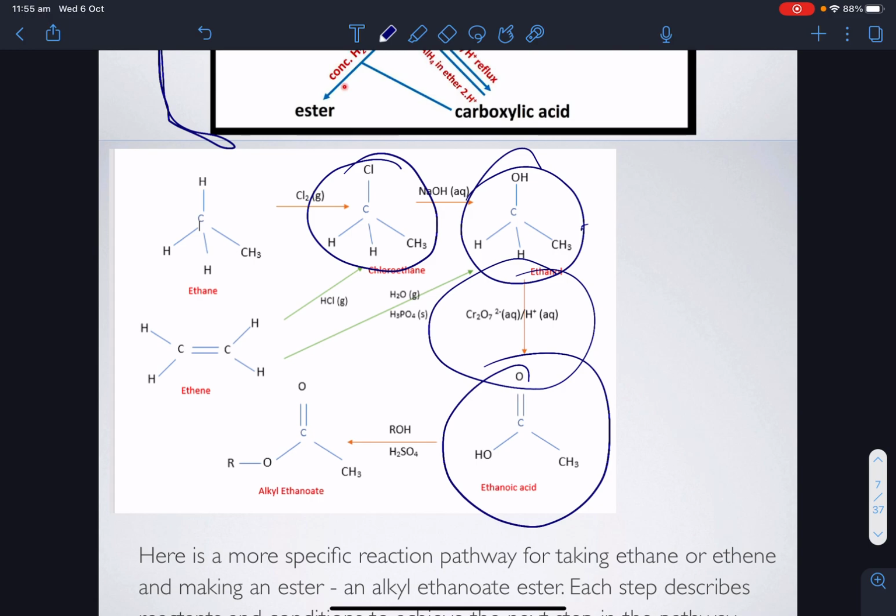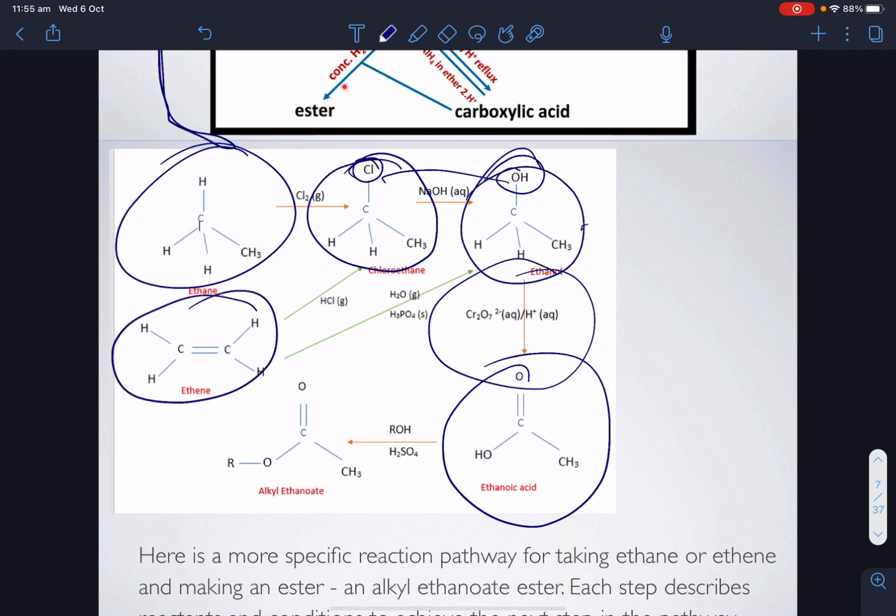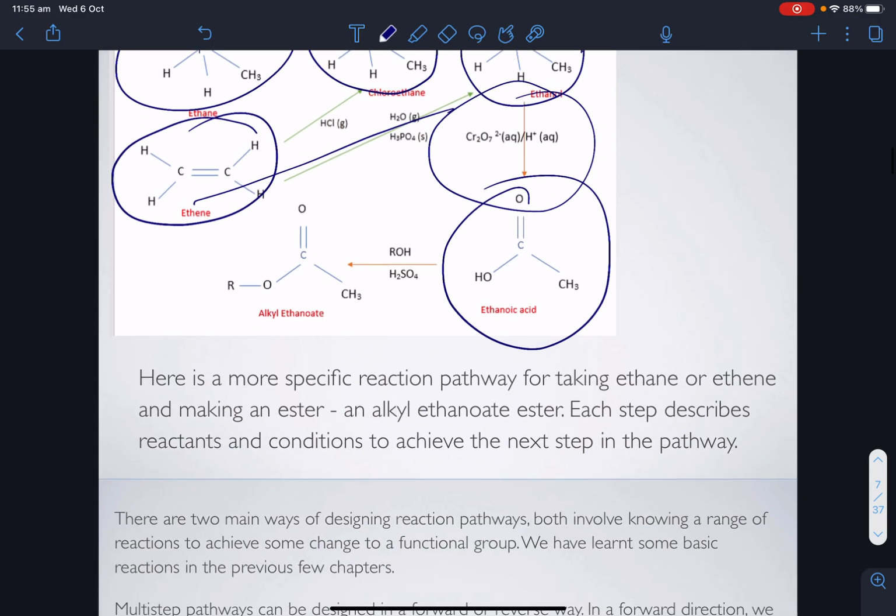Between the chlorine and the hydroxyl, or the alcohol. And they made that chloride on that methyl group by doing a substitution reaction with ethane. Okay, they're also recognizing that you could do ethene to go through here as well. I think they might be talking about making the alcohol. Yeah, so that's more specific. Okay.